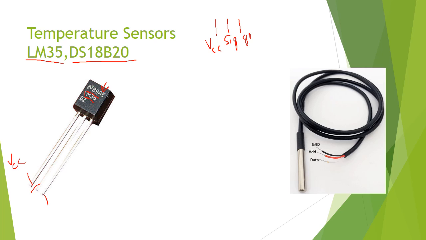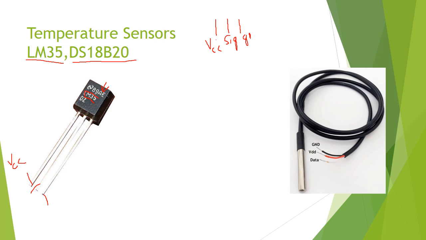Okay, so from a comparative point of view, all the sensors generally have these three pins. So what is the difference between these two?